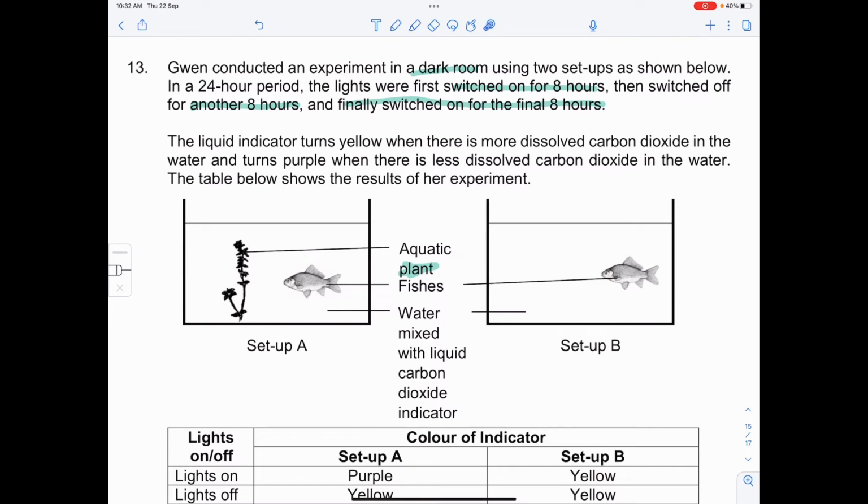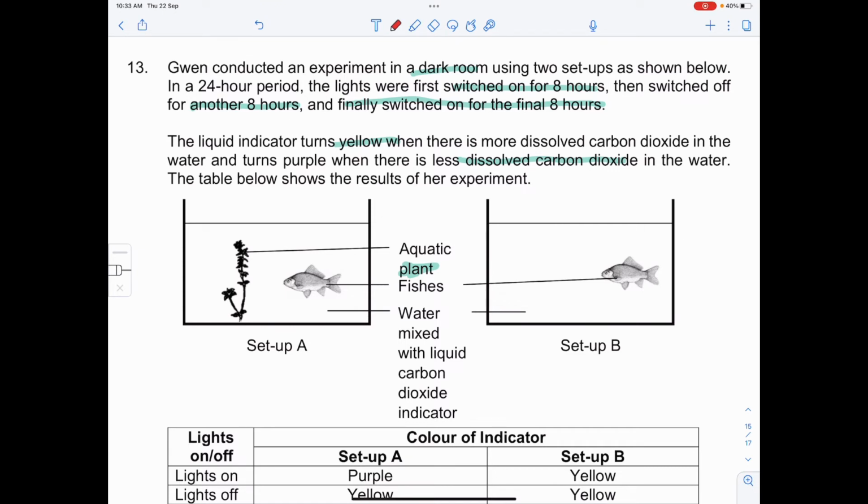The liquid indicator turns yellow when there is more dissolved carbon dioxide in the water, and turns purple when there's less dissolved carbon dioxide. Now, when it's very wordy like that, a tip that I like to do even for myself is to write it out somewhere so it helps me.